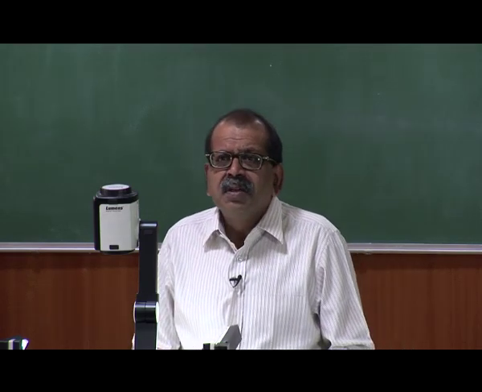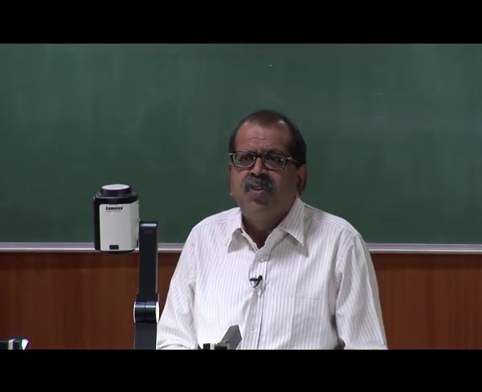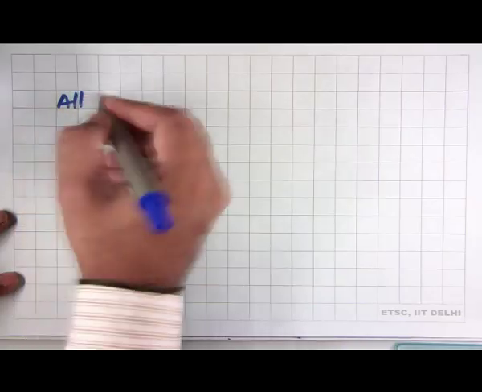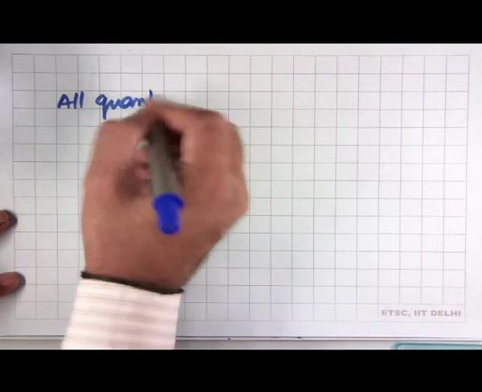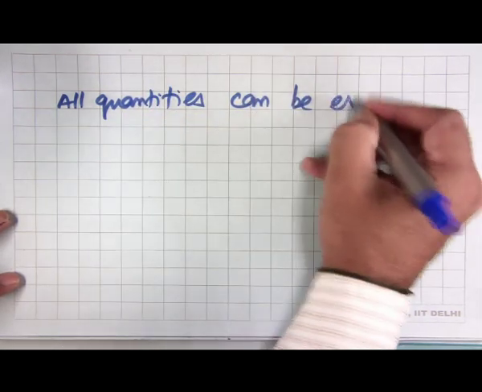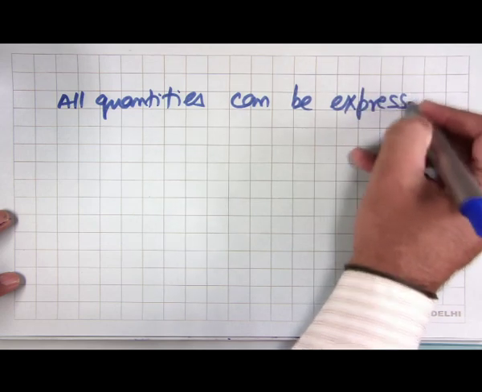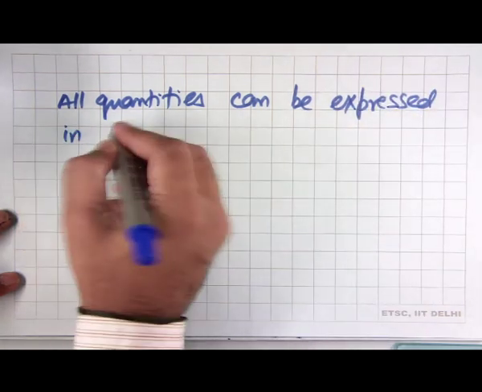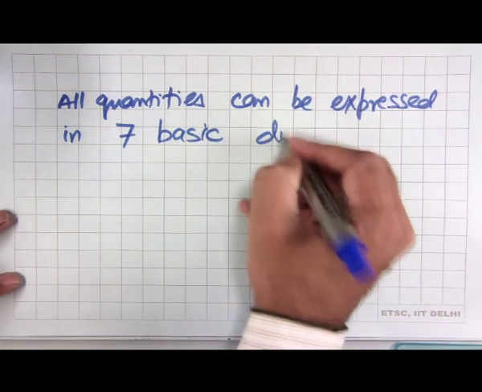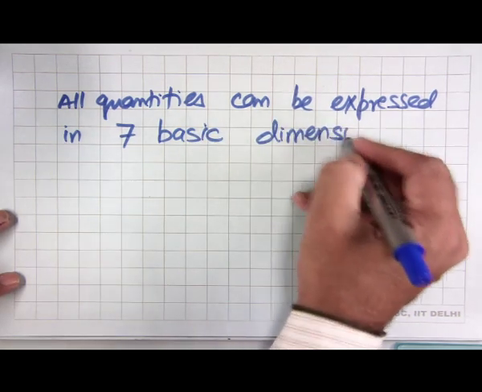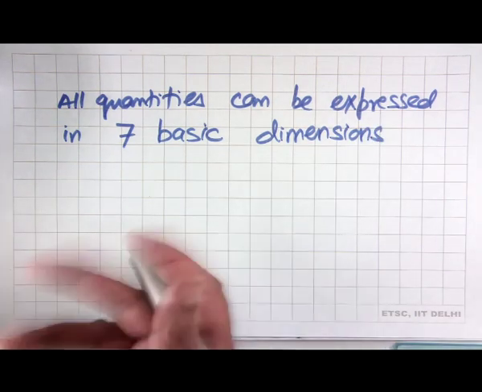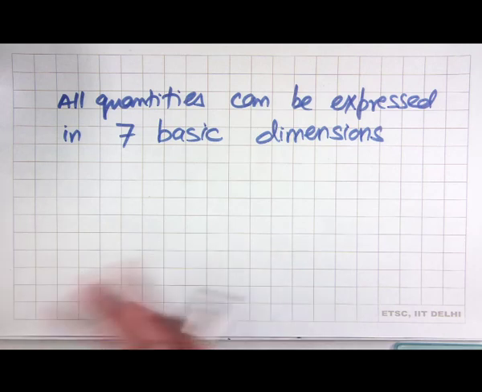What we find is that all the quantities which we measure can be expressed in 7 basic dimensions, and it will turn out that maybe all of them do not need the 7 basic dimensions.